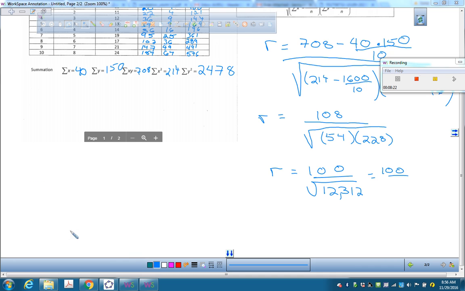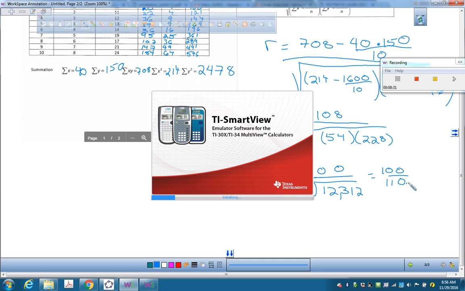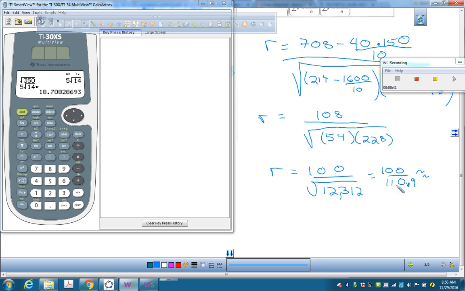110.9. It's how much? 110.9. Okay. And now, so she took the square root of that, and she got that. And now I'm going to divide 108. Oh, sorry, 108. Okay.